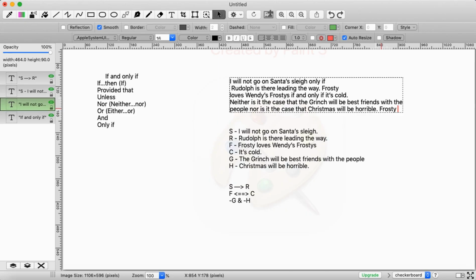Frosty loves Wendy's Frosties provided that Rudolph is there leading the way.